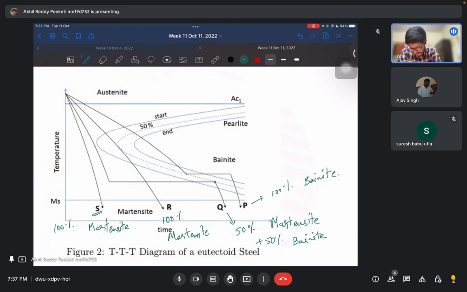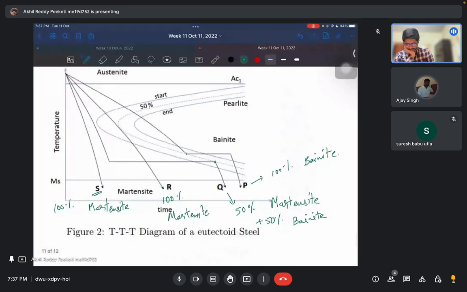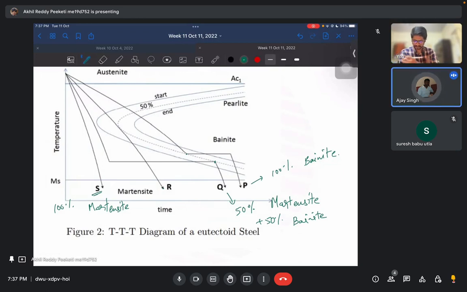I don't think there is any difference. It's just fast cooling, so both of them might give 100% martensite. But I'm not 100% sure actually, because this is not instant cooling. I think so, because once bainite has formed, will it revert back to austenite?